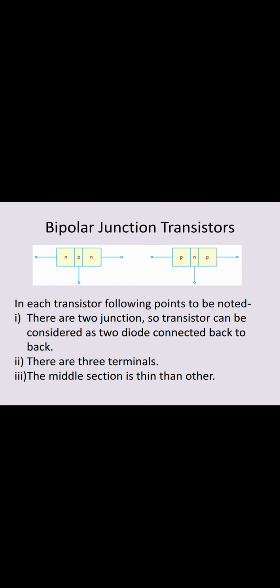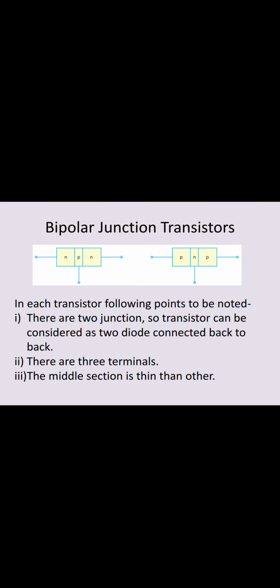The simple definition of a BJT is a three terminal semiconductor device consisting of two PN junctions, which is able to amplify or magnify a signal.